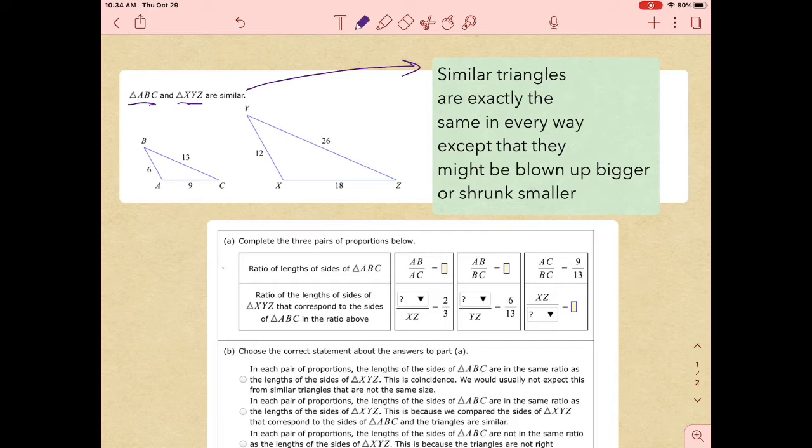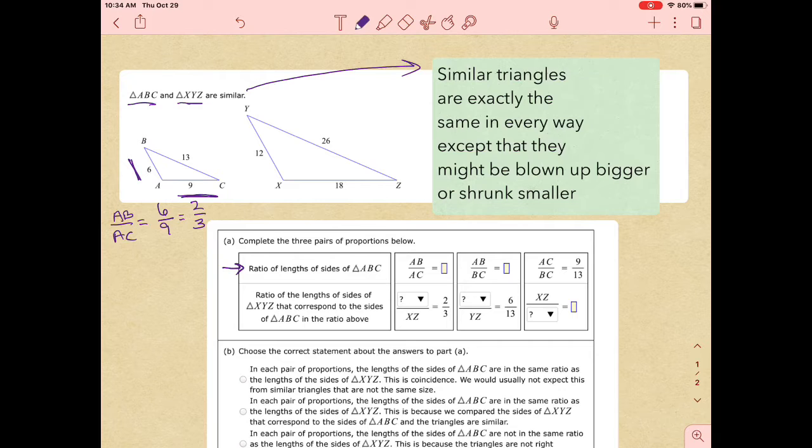So ratio of lengths of the sides of triangle ABC. If we're just looking at triangle ABC, it says side AB over side AC is what? And so what we have is AB over AC is 6 over 9, or we could reduce that to be 2 over 3.